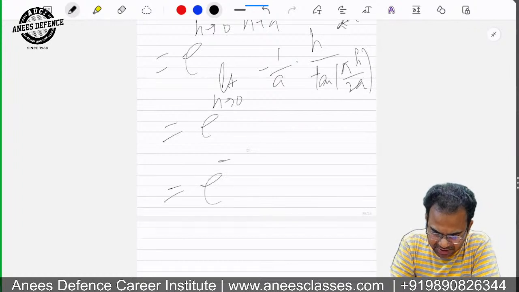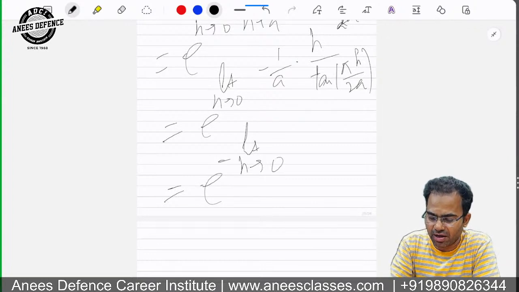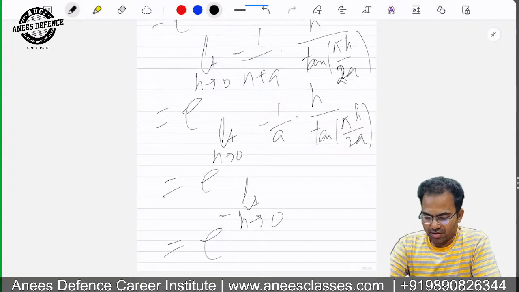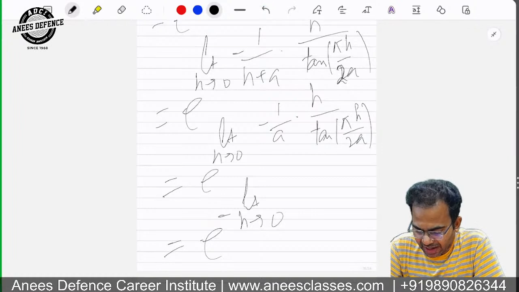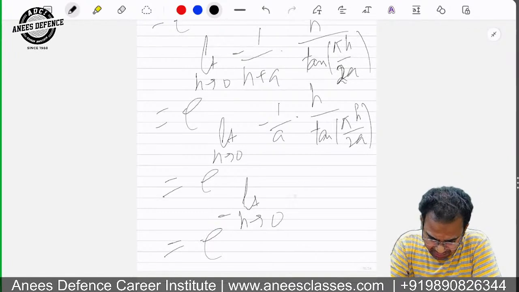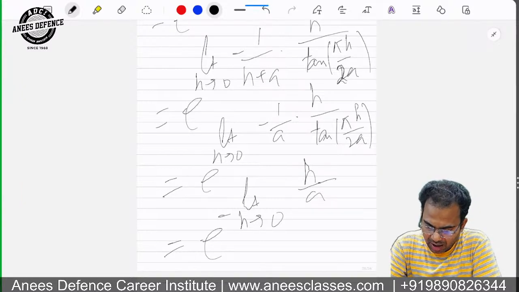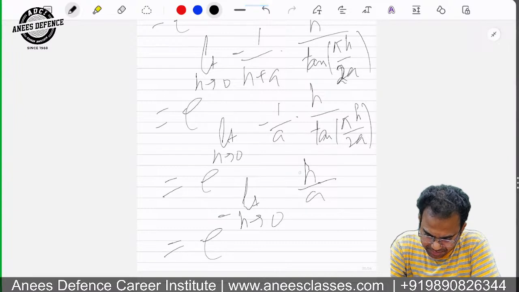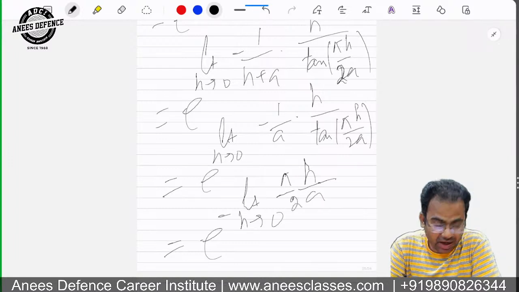So e to the power minus limit. Now I will equate the angle of tan(pi h upon 2a) in the numerator. So it will be h upon a. I want pi, I want 2, right?